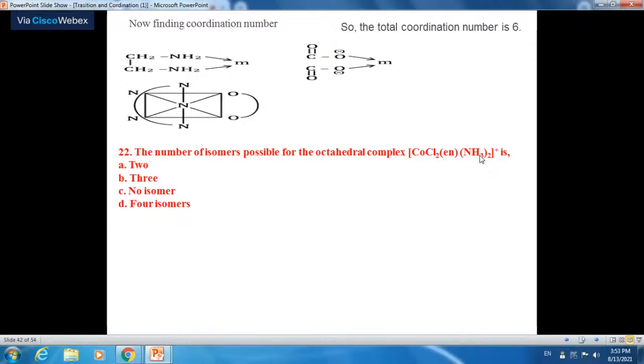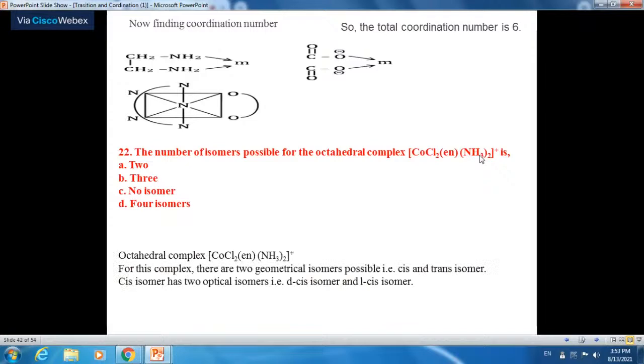Then what are the possible isomers? Let's see. In an octahedral complex, for this complex there are 2 geometrical isomers. One is the cis isomer, the other is the trans isomer. The cis isomer has 2 optical isomers, that is the D cis and L cis isomers. Here the answer is D. 4 isomers are present.